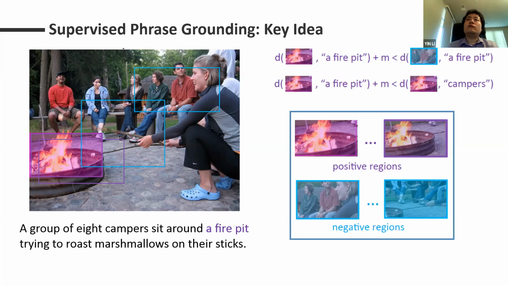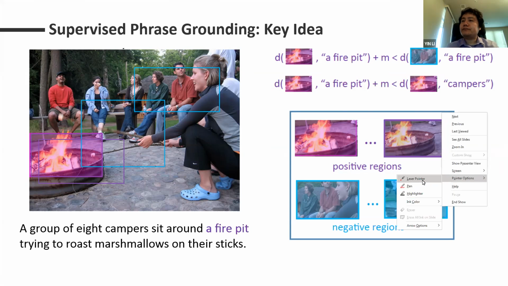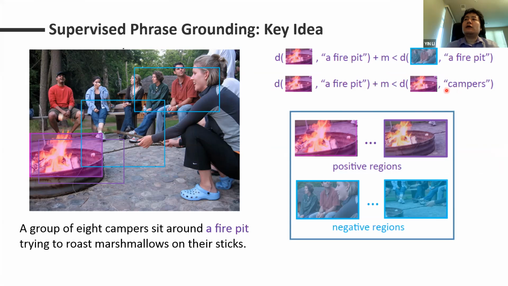So here we can, for example, plug in a random background region so that our ground truth pair should have a smaller distance, or we can plug in a negative phrase here. So that's a key idea.